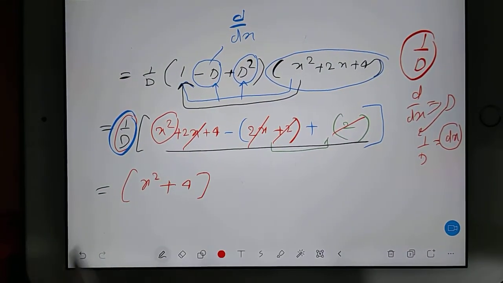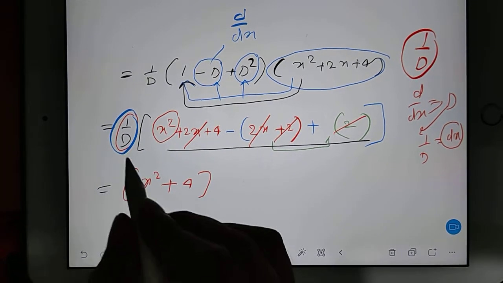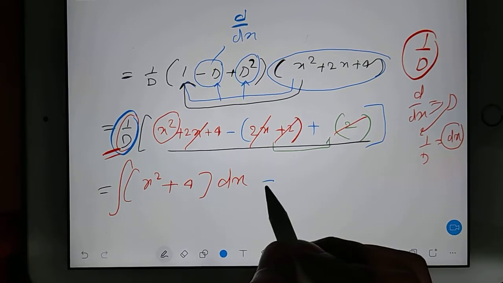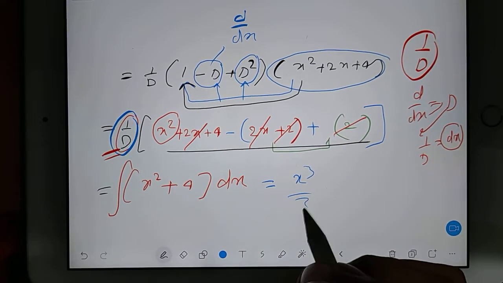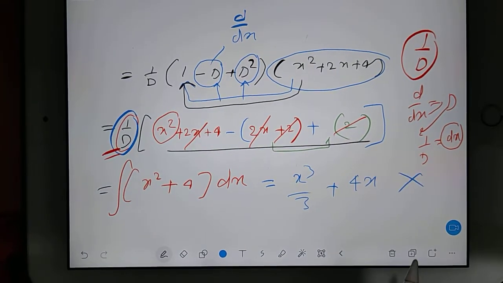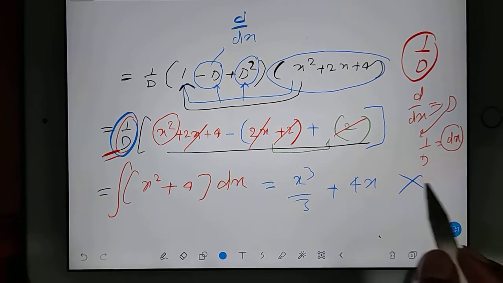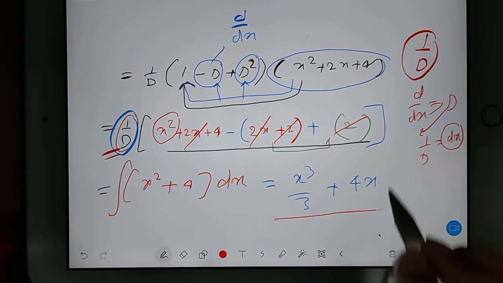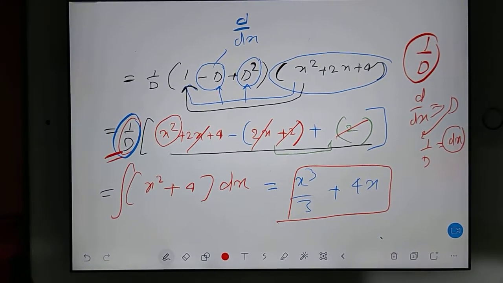So I'll be getting 4 here. I hope I have not made any mistake. Then 1 by d you can write as integration with dx. So you will get x cube by 3 plus 4x, and don't put a constant here, because in the very beginning I explained we don't put a constant, because these are PIs. Whatever we have got, this is the PI. So this is the total PI I have got for the equation. I hope there is no problem in this.